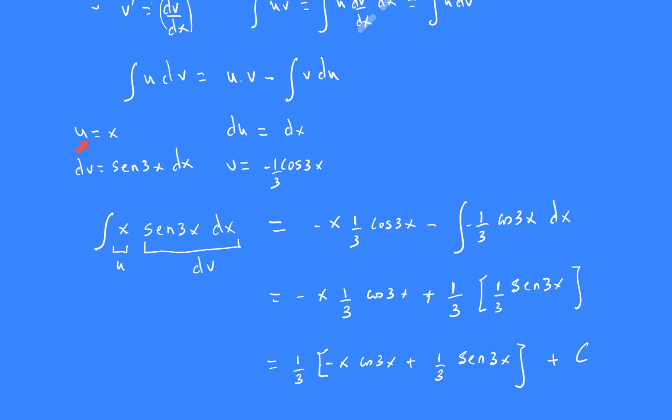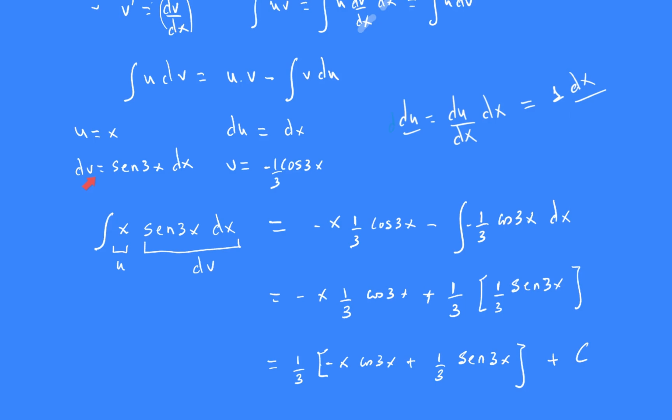So I start with u equal x. If u is equal x, du is equal dx, because du is the derivative of u with respect to x times dx. If u is equal x, the derivative of u with respect to x is equal 1, 1 times dx, so du is dx.